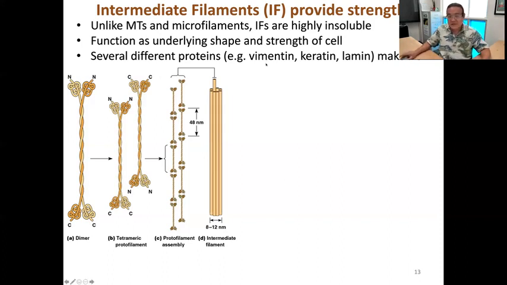I mentioned that several different types of protein units can be twisted together to make these little intermediate filament units. Vimentins, keratin, lamin, these are just 3 examples. Keratin, we've mentioned a few times during class, is that tough, insoluble protein that your skin cells make.